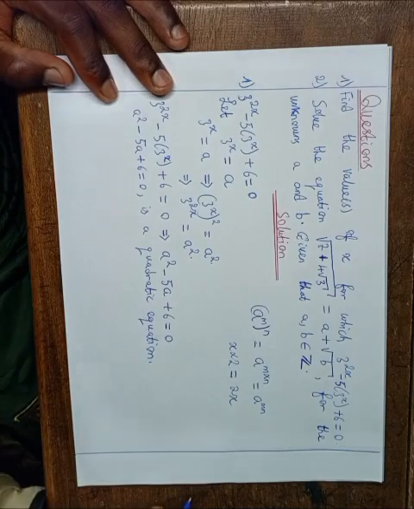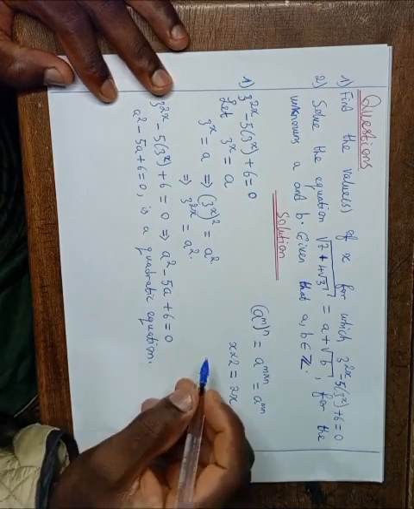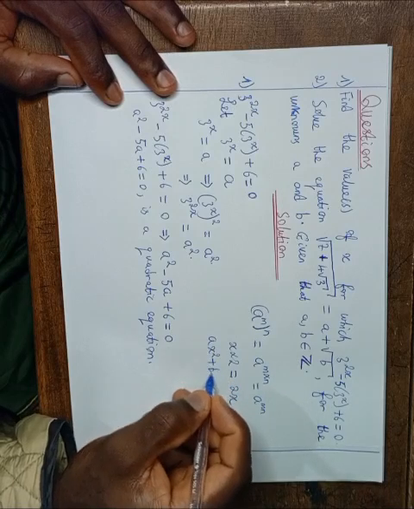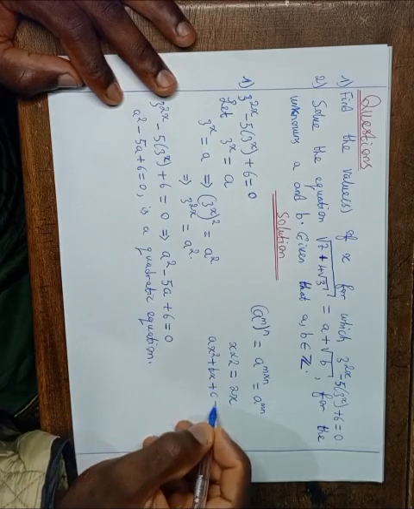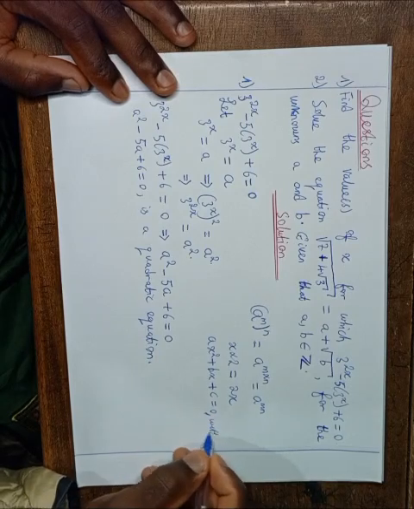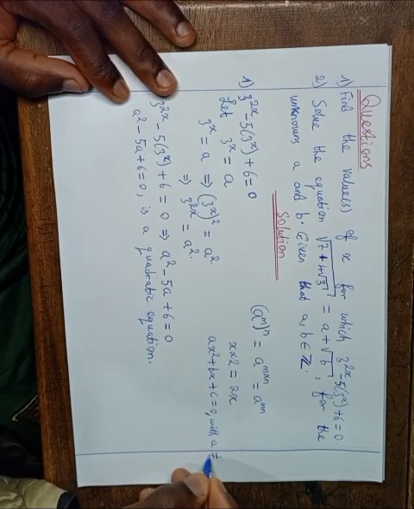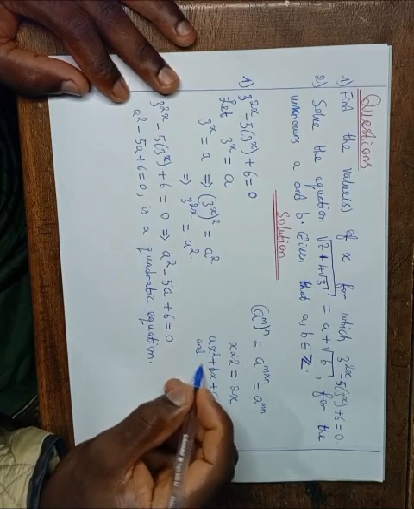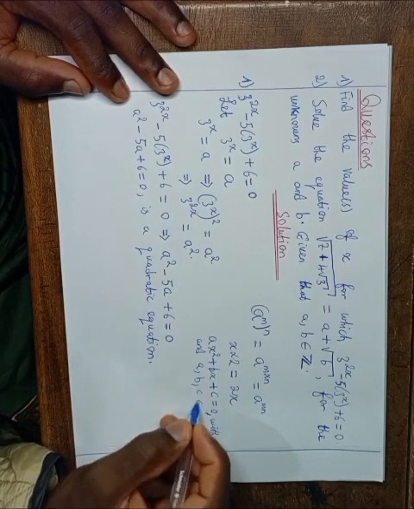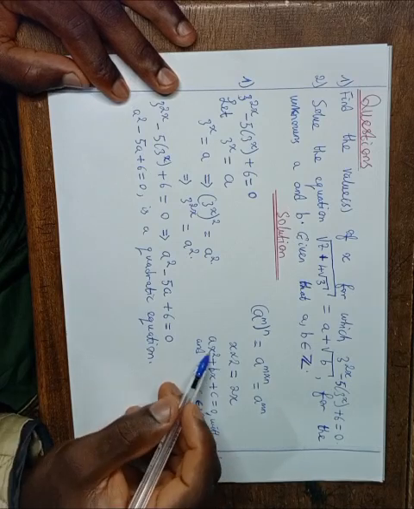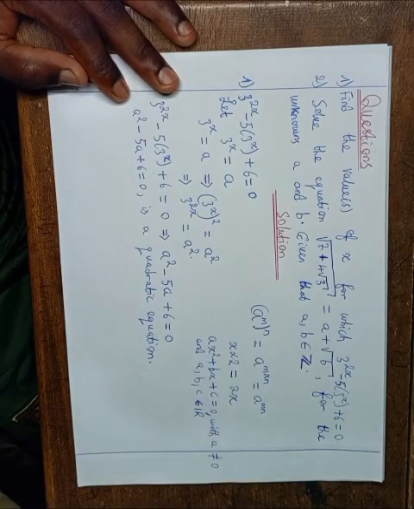When we talk of a quadratic equation, we are simply referring to an equation of the form ax squared plus bx plus c equal to 0, with a not equal to 0 and a, b, c belonging to the set of real numbers, where x is a variable, an unknown.